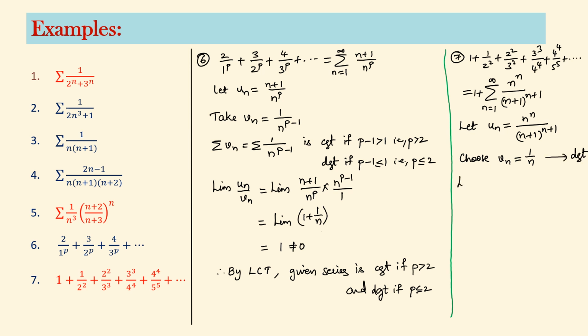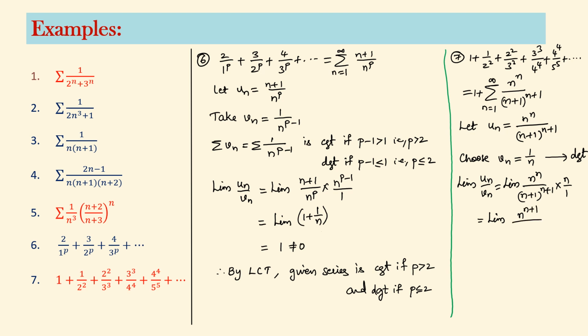So what about the limit of un by Vn, which is equal to limit of un, n power n by n plus 1 power n plus 1, into Vn, which is 1 by n, so I'll have n by 1 here. Simplifying this, the limit of n to the power of n and n gives overall n to the power of n plus 1.